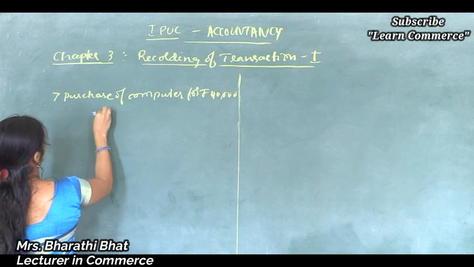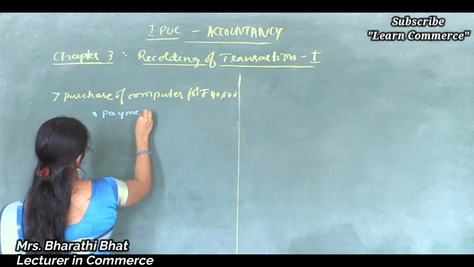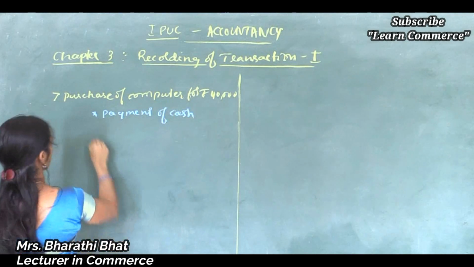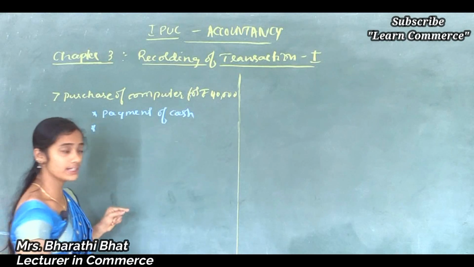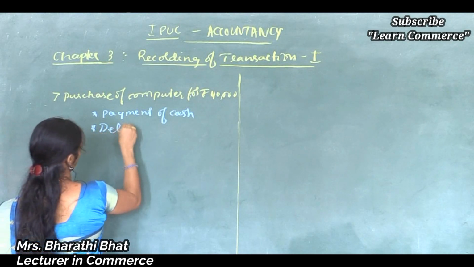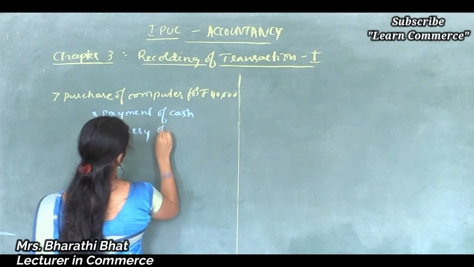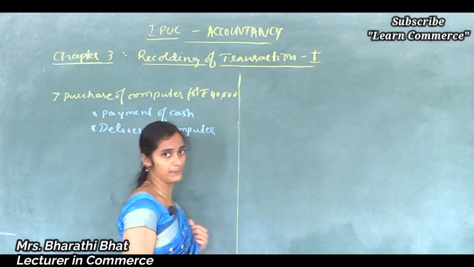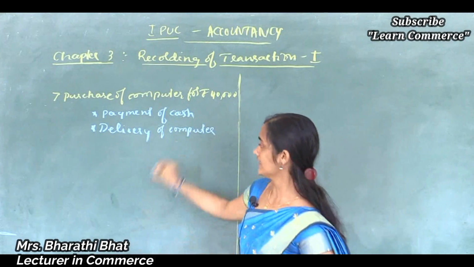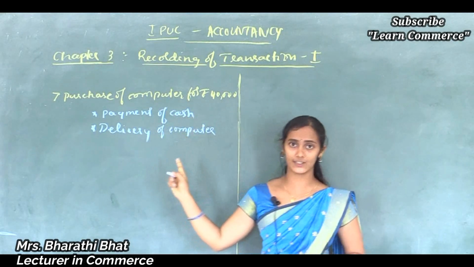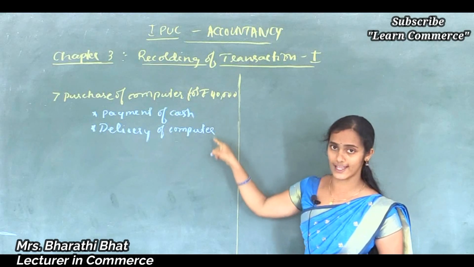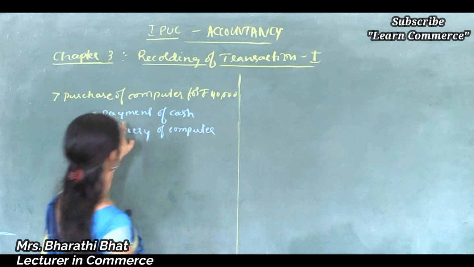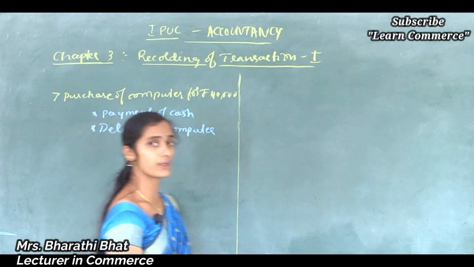One is payment of cash by you, and the next one is delivery of computer by the shopkeeper or the dealer. So one particular transaction involves two aspects and is recorded in two different accounts.